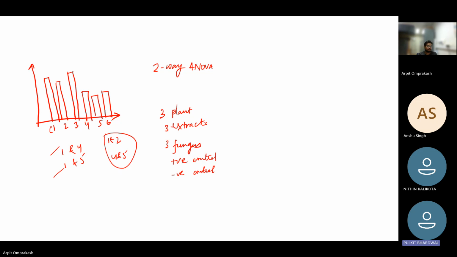For the first fungus, this extract of this plant is doing well; for the second fungus, this extract of that plant is doing well. Or you can give me some other example of how I can break it down so that I can use ANOVA efficiently. Or, if I break it down to a particular extract, particular plant, and particular fungus, then can I incorporate it in the one-way ANOVA?